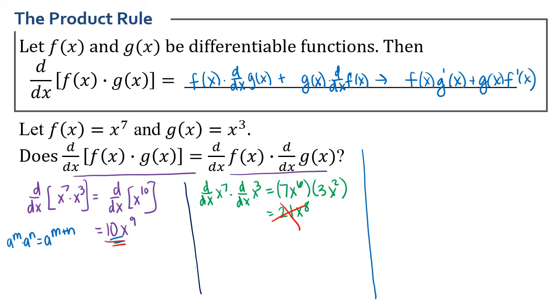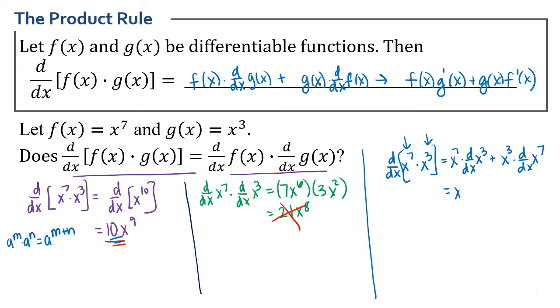Okay, so let's actually use that formula in this situation and see if we get this 10x to the 9th power. So the derivative with respect to x of x to the 7th times x cubed. Okay, so here's our first function, here's our second function. So this is going to be the first function times the derivative of the second plus the second times the derivative of the first.